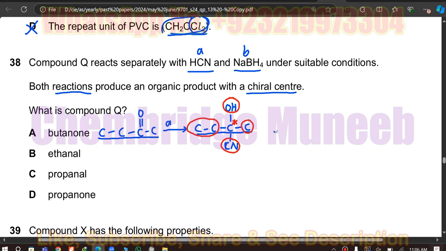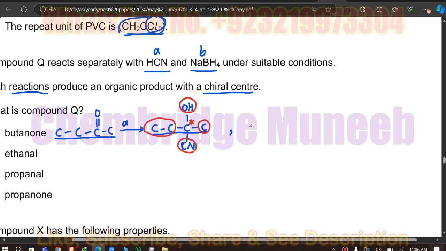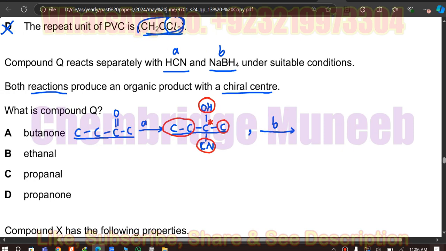I'm putting a comma over here to separate it, and now it will react with compound B, which is NaBH4, and NaBH4, as we know, is a reducing agent. As a result of this reduction, this ketone will be converted into a secondary alcohol compound.